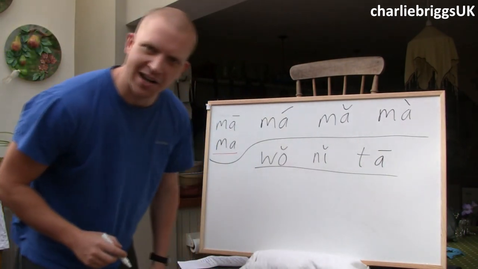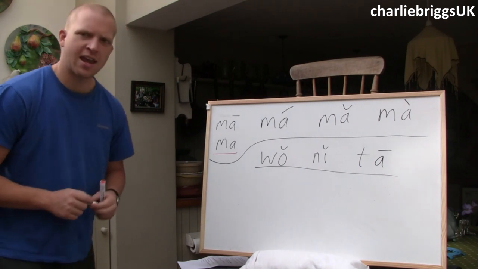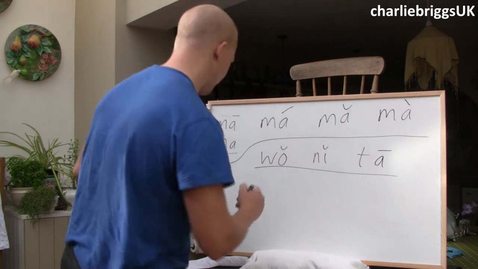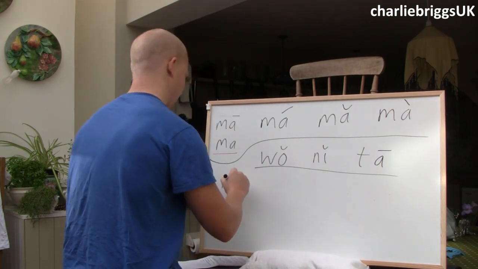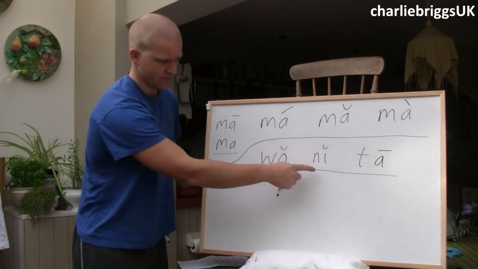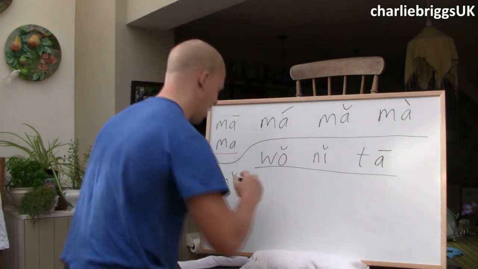Alright, so let's get our first expression done. We're getting through this pretty quickly, aren't we? Okay, so let's say 你好. You may have heard this before. 你好 means hello. So you, 你, just like we did there, 你好.